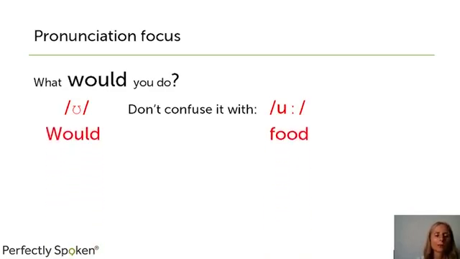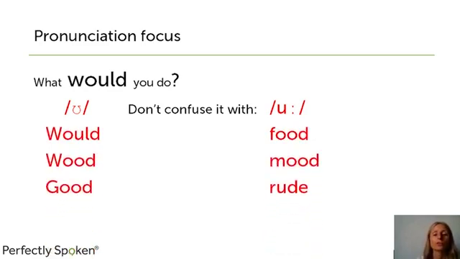So for example, would, food, would, mood, good, rude, could, chewed. Okay, I think these examples that I've chosen here demonstrate the fact that in English, often the spelling doesn't really help you with the pronunciation. So it's really important to learn the correct pronunciation when you learn a new word or to remember the pronunciation.